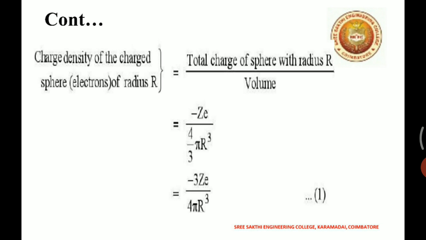Since we are considering the radius as capital R, it is taken as 4 by 3 pi R cube. And the total charge is taken as minus Ze. So this is written as minus Ze by 4 by 3 pi R cube. So this equation can be written as minus 3 Ze by 4 pi R cube.